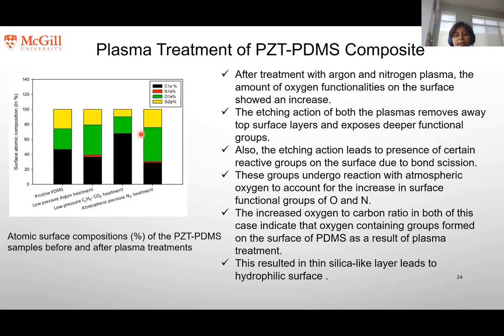So you get surface functional groups of oxygen and nitrogen. In both of these cases, the oxygen to carbon ratio increases, which indicates that oxygen-containing groups are formed on the surface, and this oxygen functional group forms a silica-like layer and a hydrophilic surface.